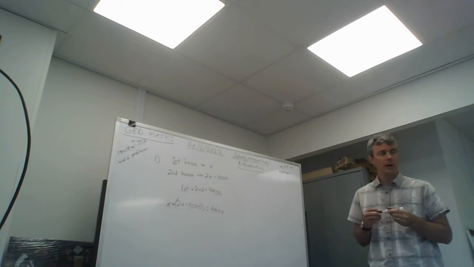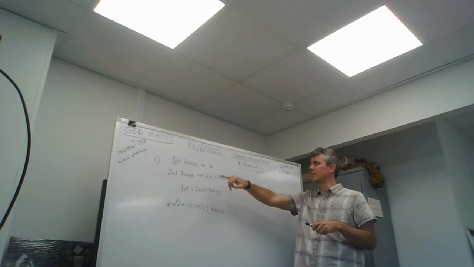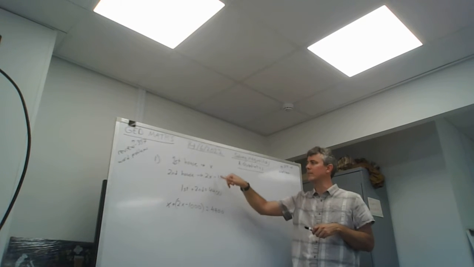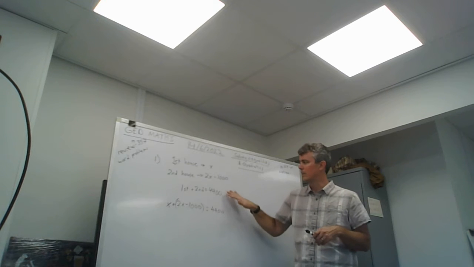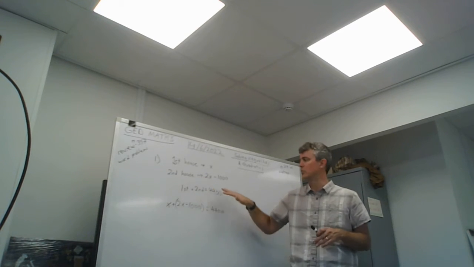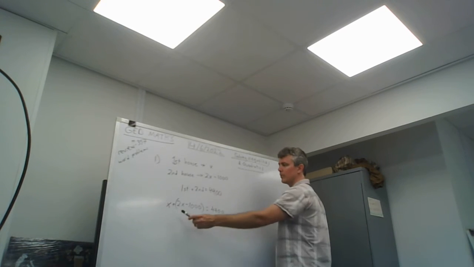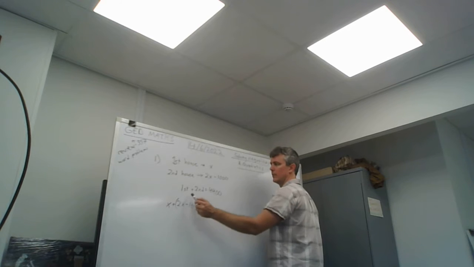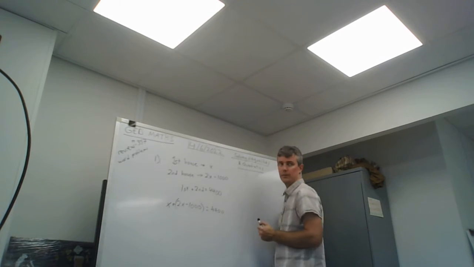Does everyone see what I'm getting here? I'm just taking from this. It said the second house was 1,000 less than 2 times the first. So that's how I got these two x's. And it says together they equal this. Now this might be something else, maybe some minus, some other combination. But this one we know they added up to 4,400. So therefore we know this plus this, which is first plus second, equals 4,400.